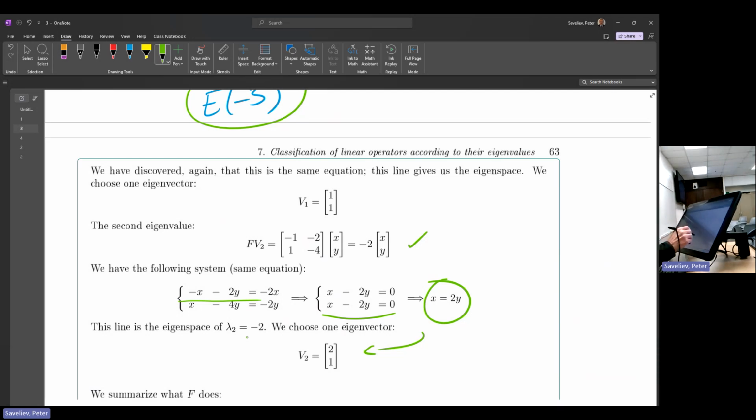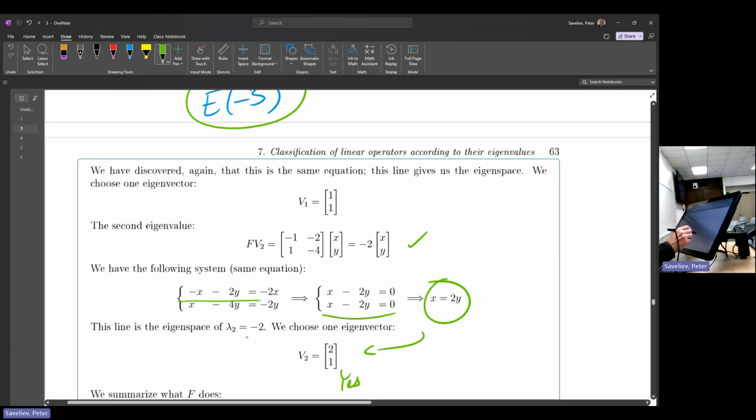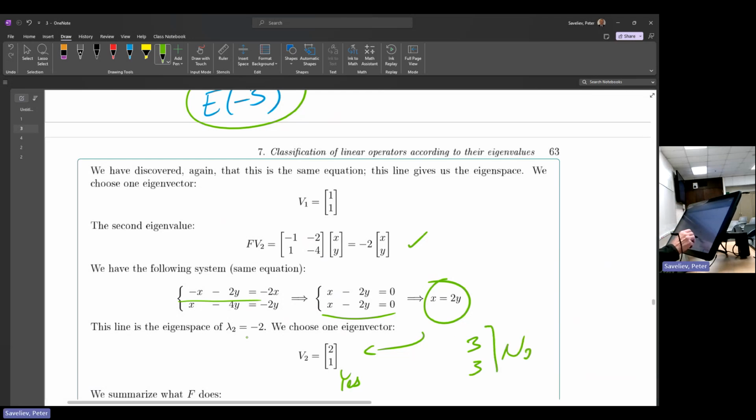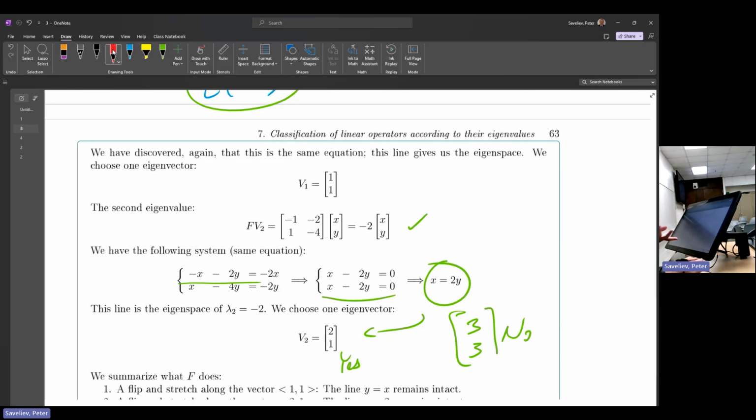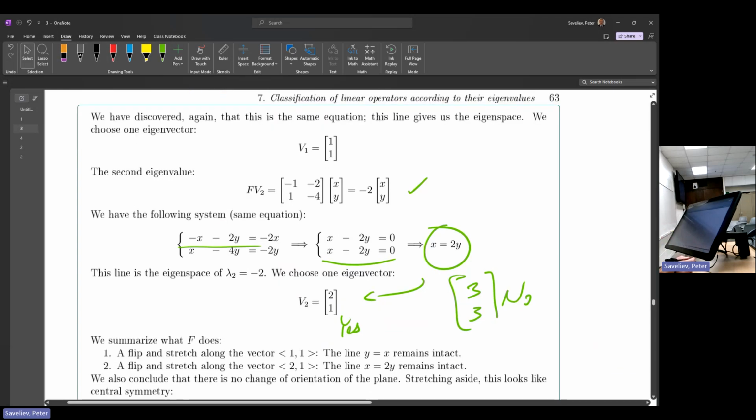So this (2, 1) is yes, for example; (3, 3), no. And then you end up with a straight line that follows this vector. So this is the direction vector of the second eigenspace.